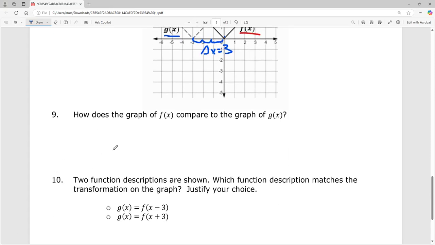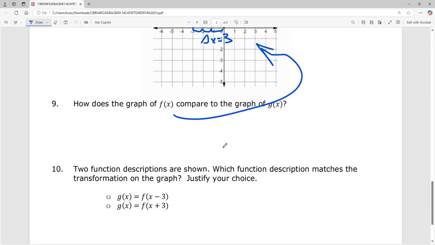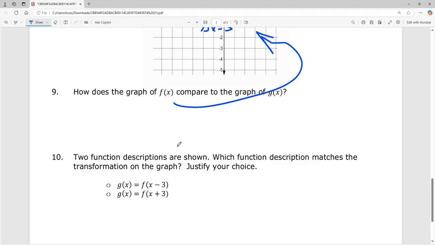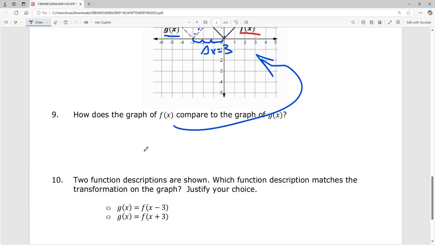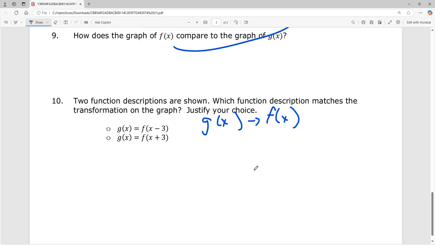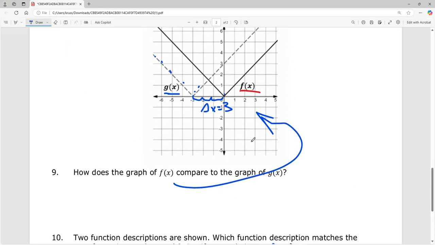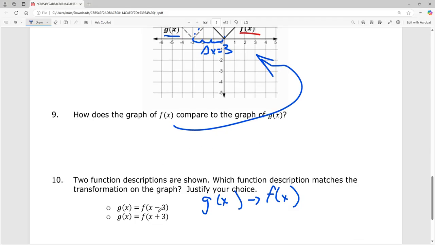So that's that one. I already kind of explained that. It's up here. Okay, so which one is more appropriate? So g sub x is saying my initial equation is going to shift. How do I need to add 3 to the right? It's going to be plus 3 to the right.